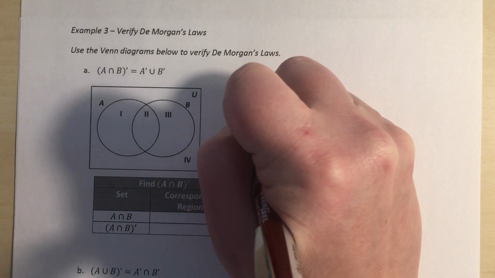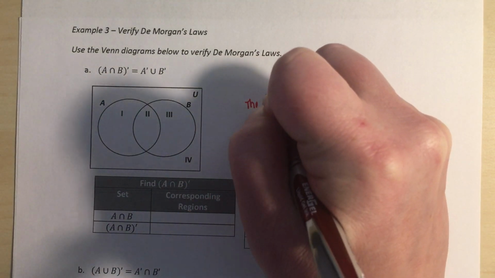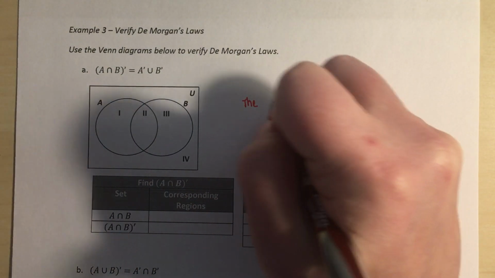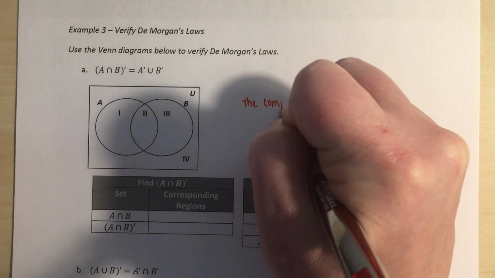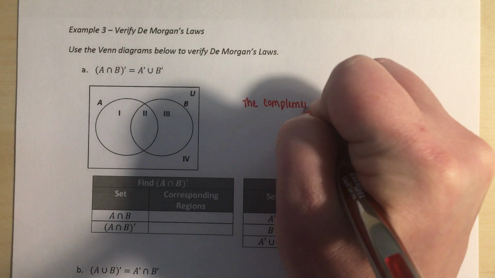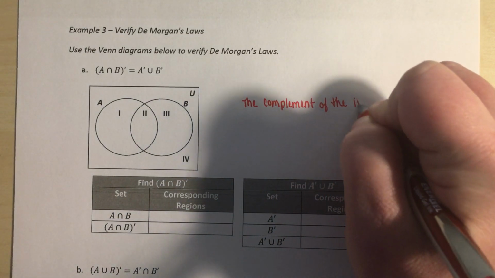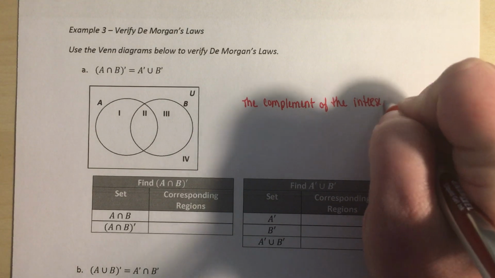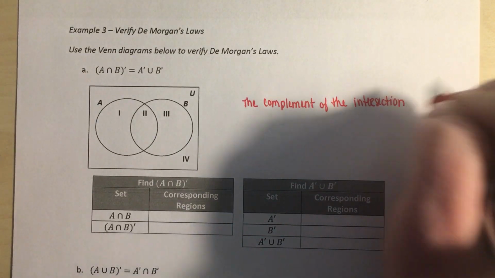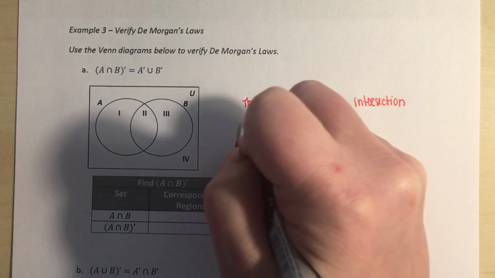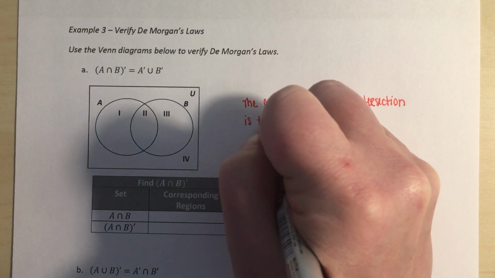If we want to write out this law in words, we're going to say the complement of the intersection is the union of the complements.